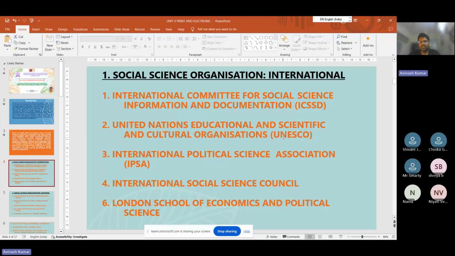UNESCO was established in 1945. Next are the International Political Science Association, IPSA, the International Social Science Council, and the London School of Economics and Political Science. These are the international organizations working in the field of social science.